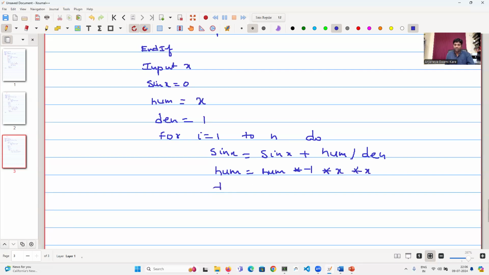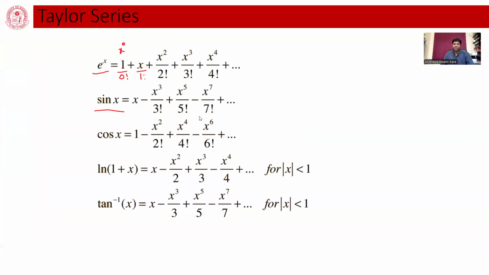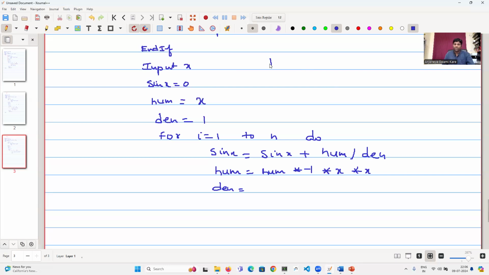Okay. How is the denominator changing? You need to see, initially you have 1, you should multiply with 2 and 3. So when i equals 1, you should multiply with 2, 3. If i equals 2, you should multiply with 4 and 5. So what you can do is 2 times i multiplied with 2 times i plus 1.